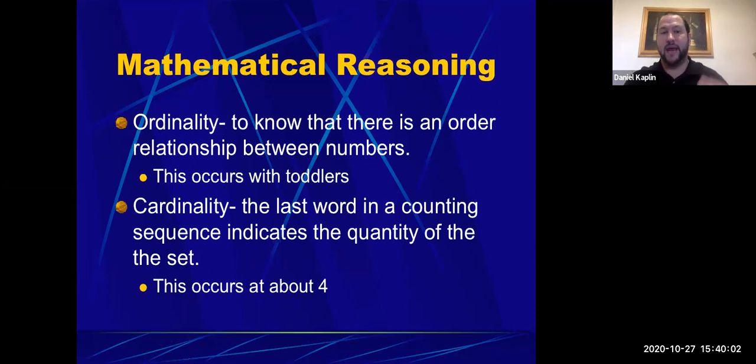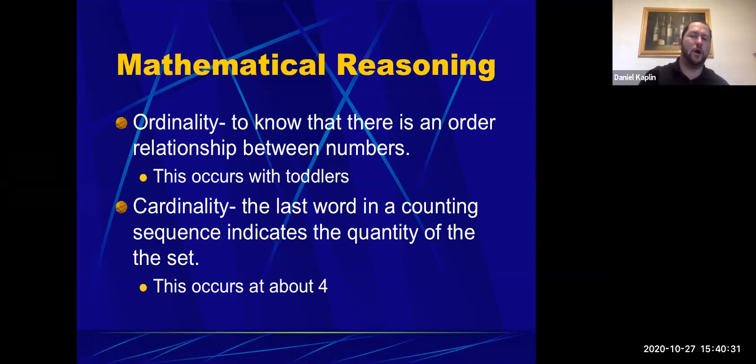How about mathematics reasoning? Now, in lecture 6, we learned about concrete operational thought, and we learned about abstract operational thought. So we learned ordinality. We know the order of numbers. So even toddlers can identify relationships between various numbers.